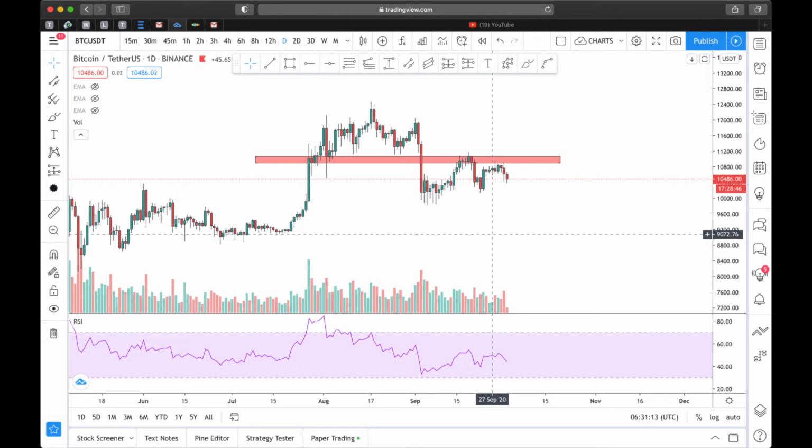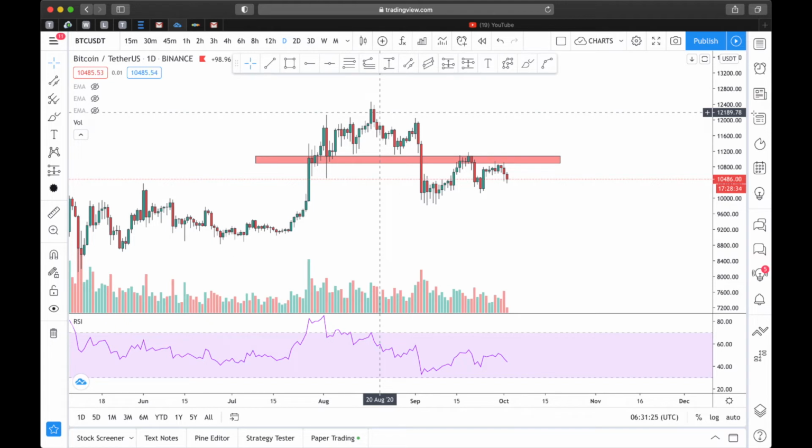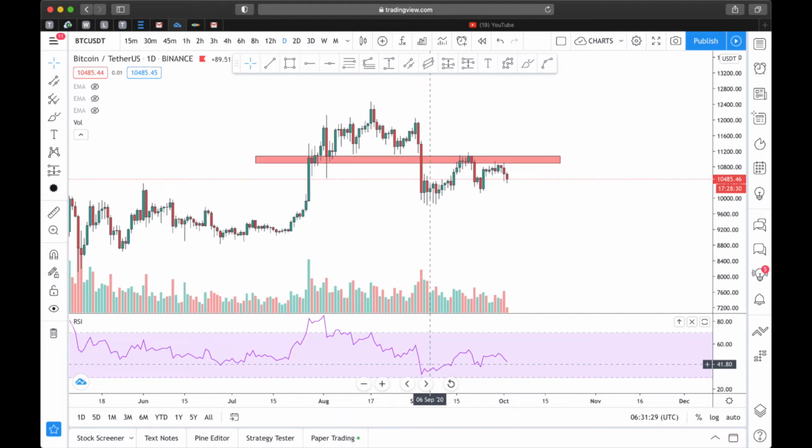In price action, if there's a downtrend, we are forming lower highs. But if you see that in our RSI we are forming higher lows, it represents that the sellers that are winning in the market with the price action are weakening.